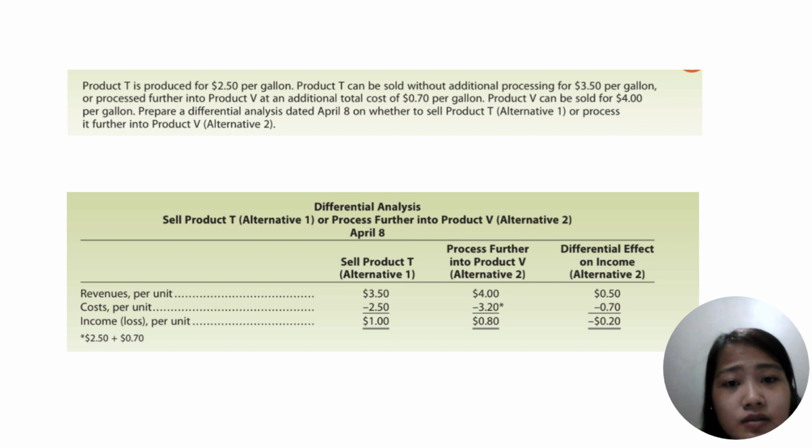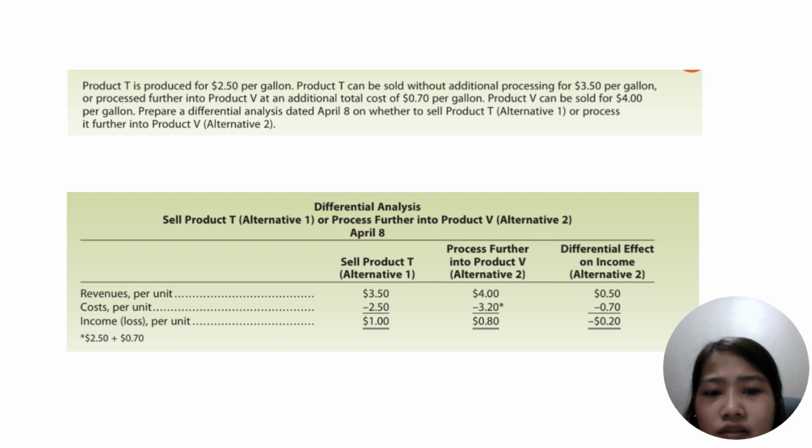Product T can be sold without additional processing for 3.50 per gallon, or processed further into product V at an additional cost of 0.70 per gallon. Product V can be sold for $4 per gallon. We then prepare a differential analysis dated April 8th on whether to sell product T, the alternative 1, or process it further into product V, the alternative 2.